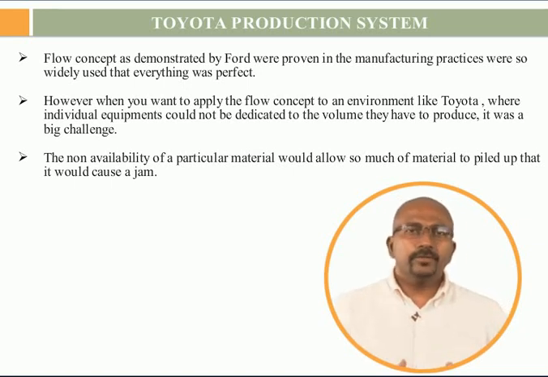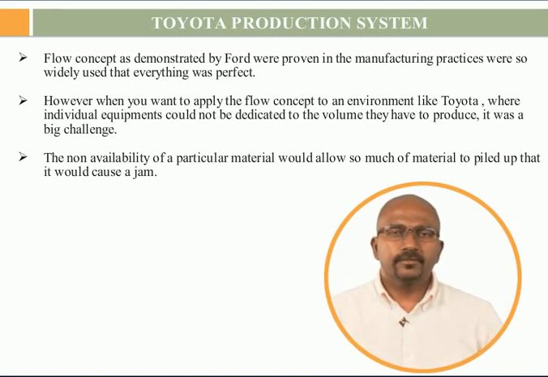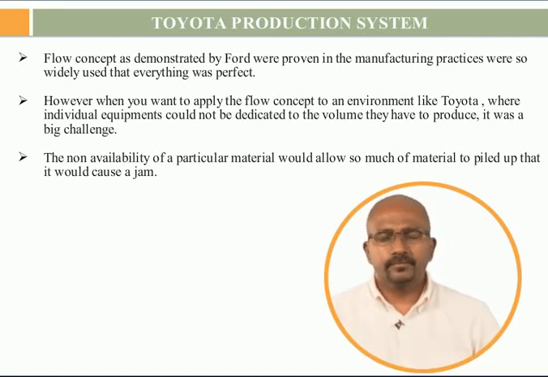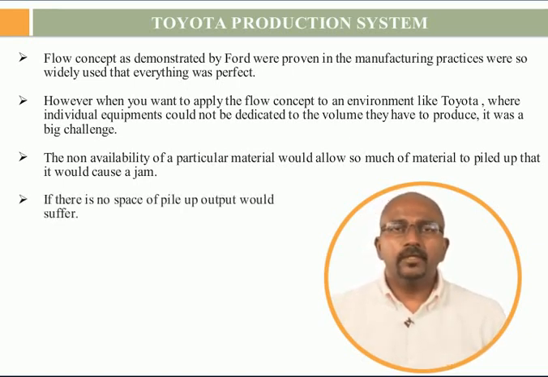So Henry Ford knew that he has to do something different, because there were so many models being produced at the final assembly. The absence of even one component for one particular car would make huge amount of material to pile up. And if there was no space to pile up, naturally the output would suffer.